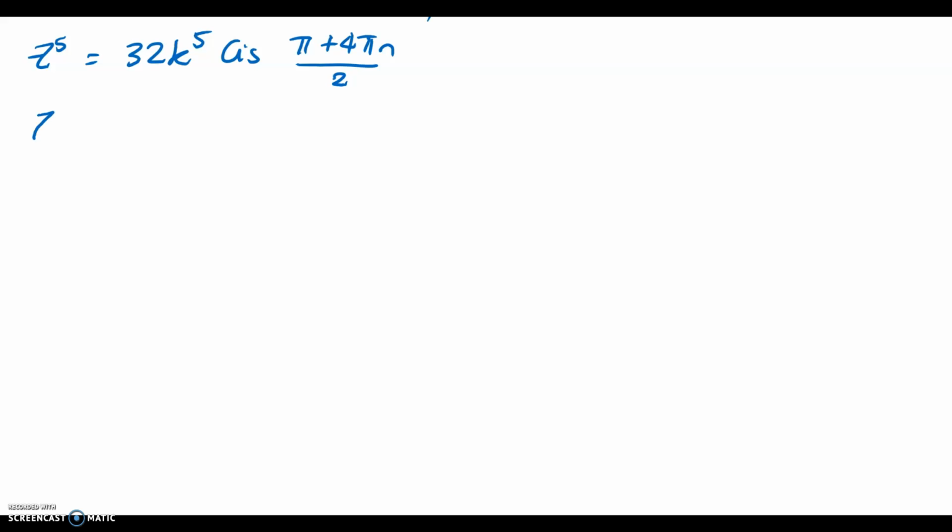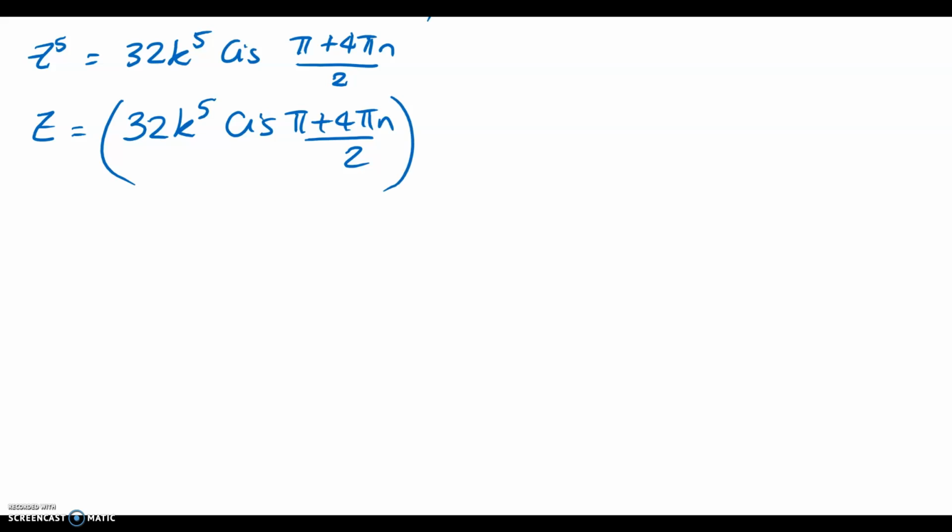So z, taking fifth roots on both sides, I've got this, that to the power of 1 over 5 is going to give me 2k.